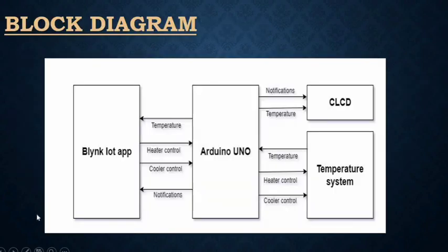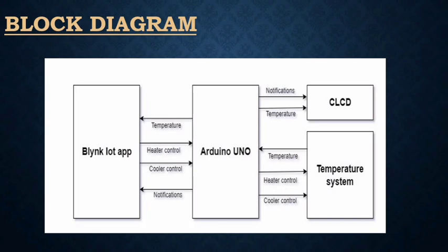In the block diagram, we see that we take the temperature from the temperature system and send it to the Arduino. Through the Arduino and the Blynk IoT application, we observe the temperature. We control the heater and cooler using the IoT application through data streams as virtual pins and widgets.